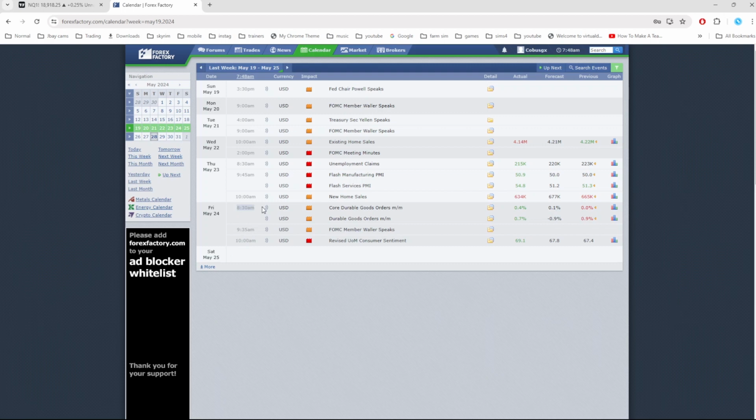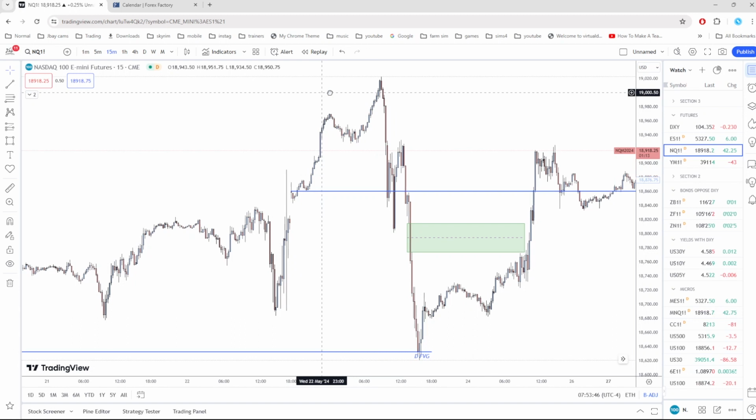So that's tradable. And then on Friday, I would say if you're trading around 8:30 or 9:30, then that would be perfectly tradable, just because we don't really have any high impact news events. And around 10 a.m., most likely what's going to happen is if you did not get anything around 8:30, didn't get anything at 9:30, then the market will probably move around 10 a.m. because I don't expect that to be a massive news event.